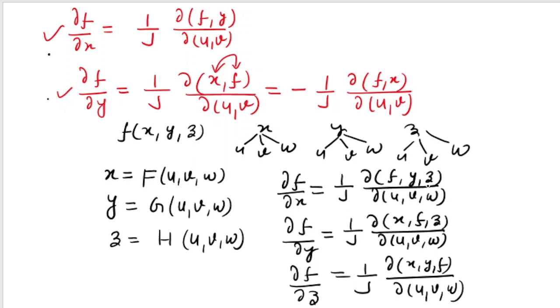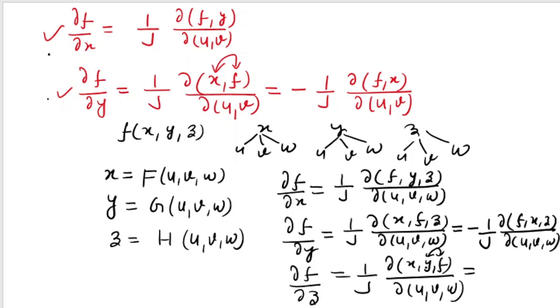Again, if you want to leave it like this, fine, but if you want to do the row exchange, here the first and second row can be exchanged, so it can be written as minus 1 by J del of f, x and z by del of u, v and w. And here you notice that to get f in the first place, you have to do the row exchange, first, second and third.